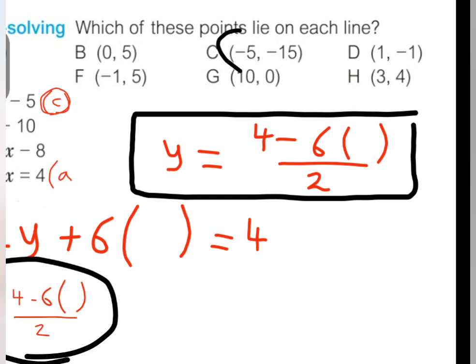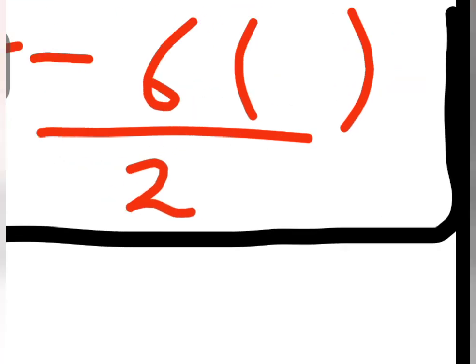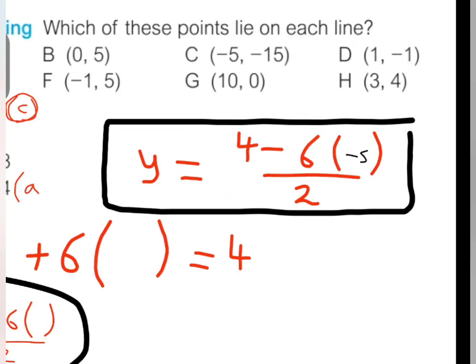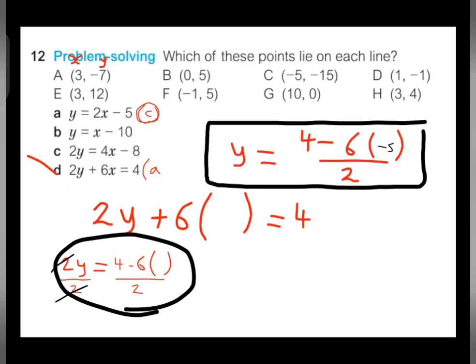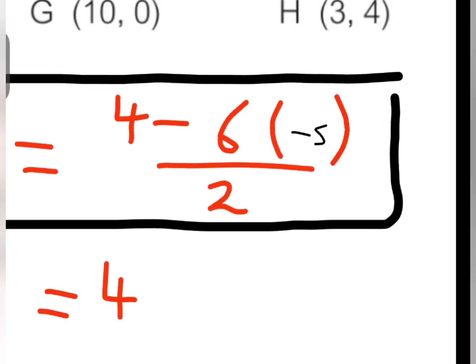We have negative 5 on x. So we take it and put it inside here, negative 5. And then we have negative 6 multiplied by negative 5.